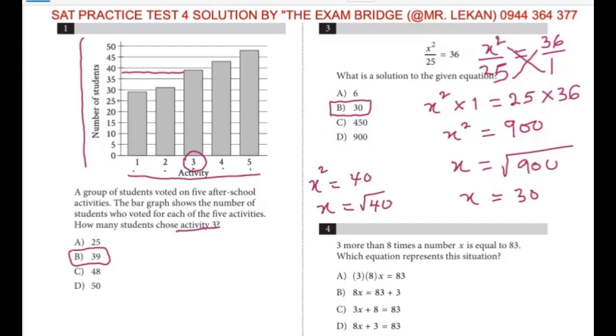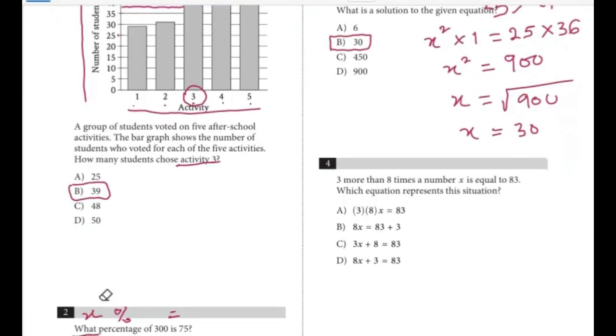So let's go to question number 4. In this question, we have 3 more than 8 times a number x is equal to 83. Which equation represents this situation?